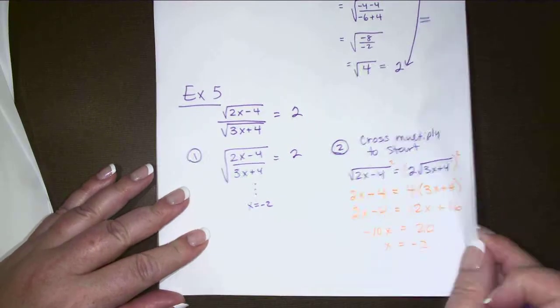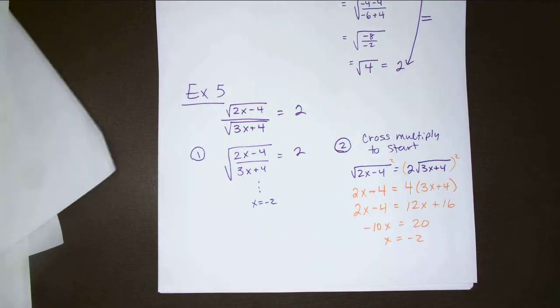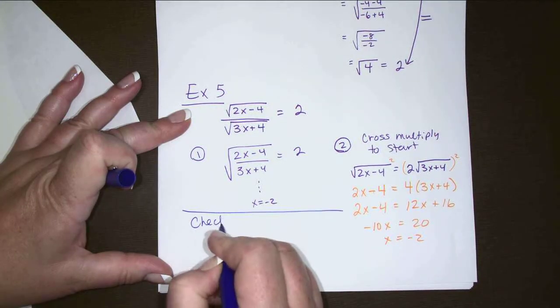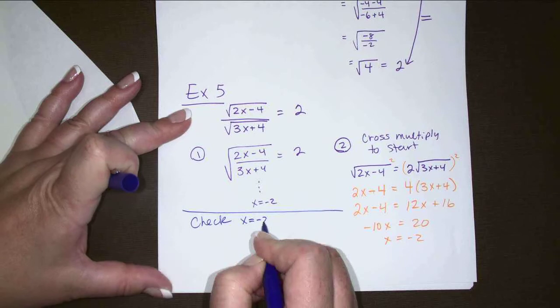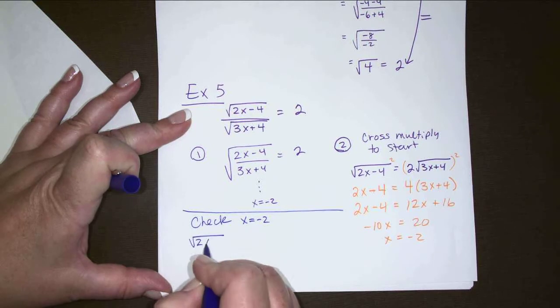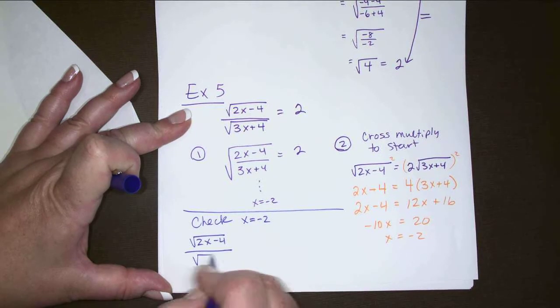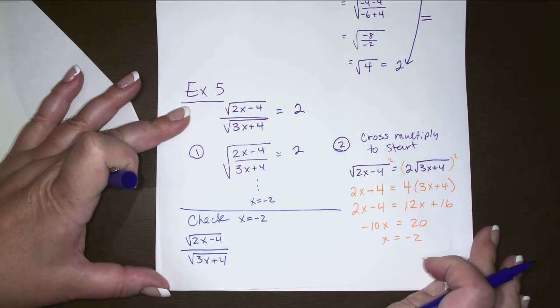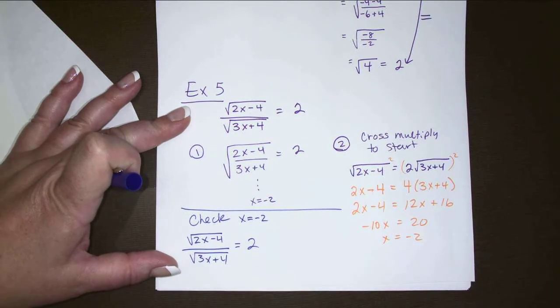So if we were to check our answer, we're plugging in negative 2, but our original question was like this. Now, why won't it work now? Why won't it work this time?